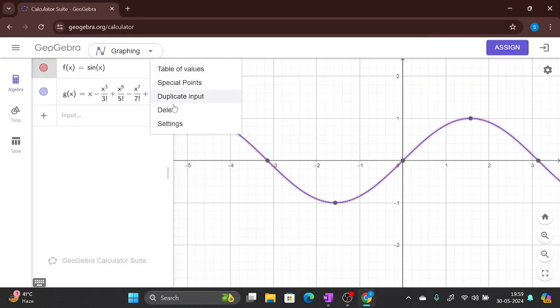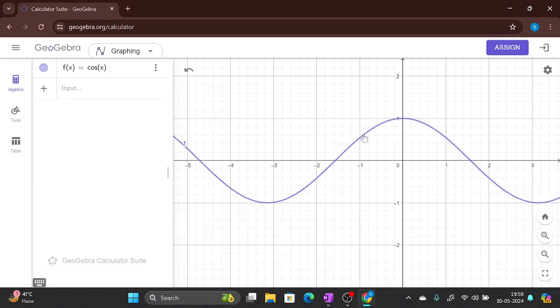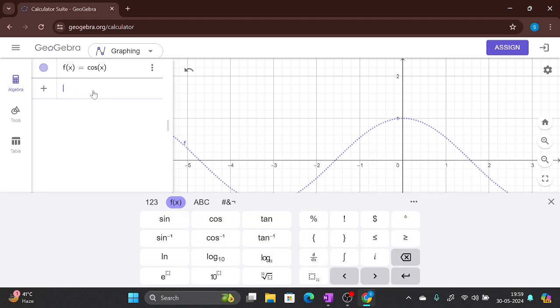Let me delete all these things. Cos x graph, let me change it to dotted line. This is our dotted line. And next is 1 minus x square divided by 2 factorial plus x to the power 4 divided by 4 factorial, minus.